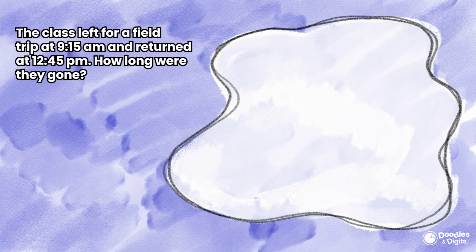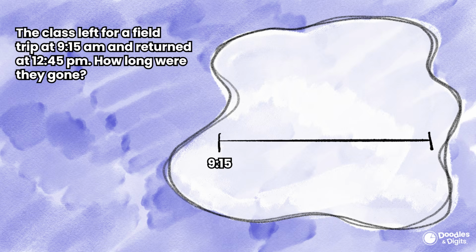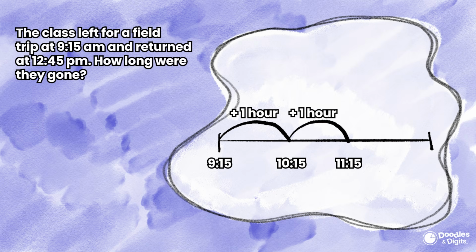All right, I'll draw a number line to show my thinking. We start at 9:15 a.m. I'm going to make hour jumps until we get to 12. So we have 9 plus 1 hour is 10:15 a.m., plus another hour, which is 11:15, plus another hour, which is 12:15.